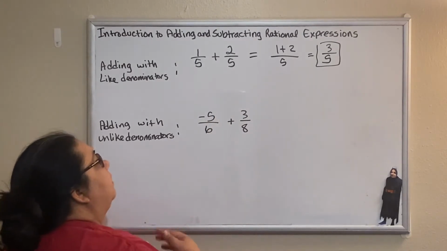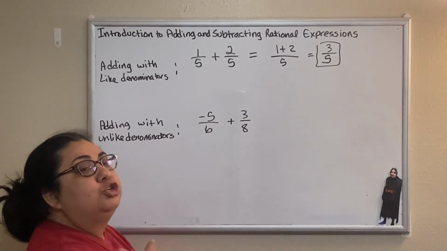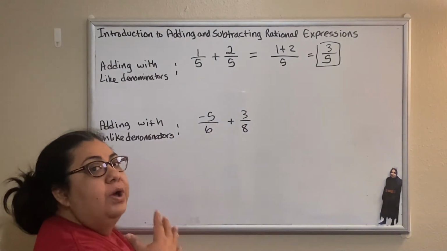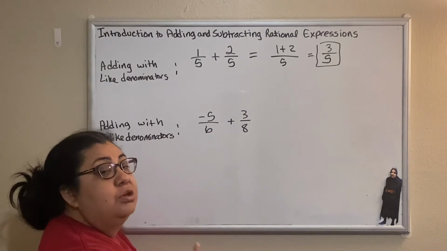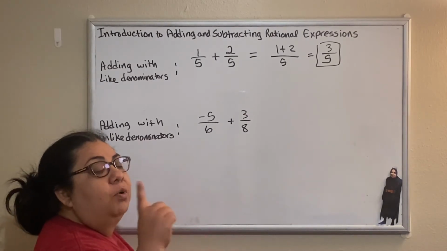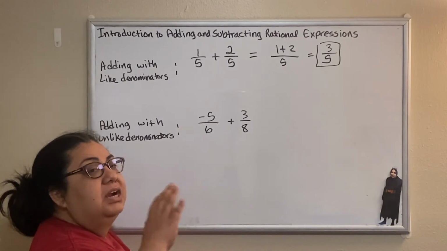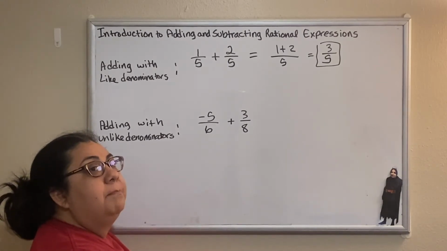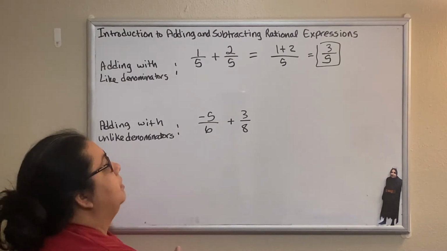What that allows me to do is change the way the fraction looks without changing the value of the fraction. I'm essentially multiplying by the number 1, but the denominator and the numerator are both a number other than 1. So let me show you real quick.